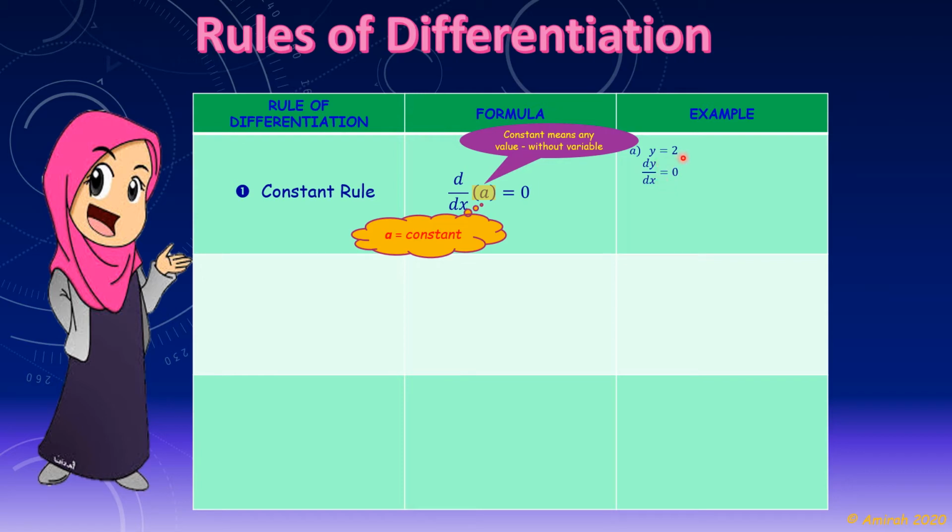So that's why the answer should be equal to 0 when we differentiate. And b, if we are given y equals -1, when we differentiate, dy over dx also should be equal to 0. It is because -1 also is a constant, which has no variable x.